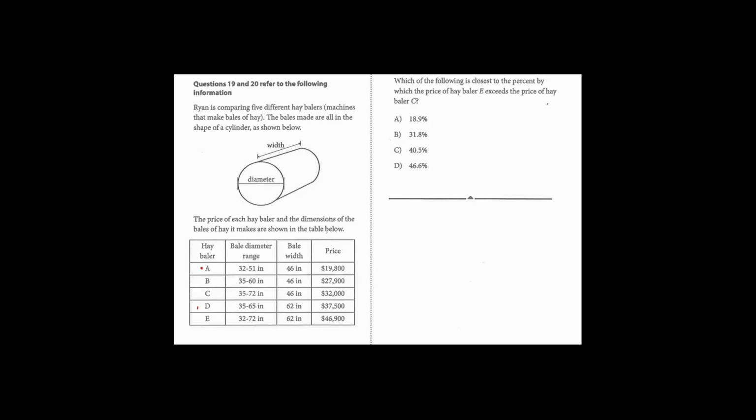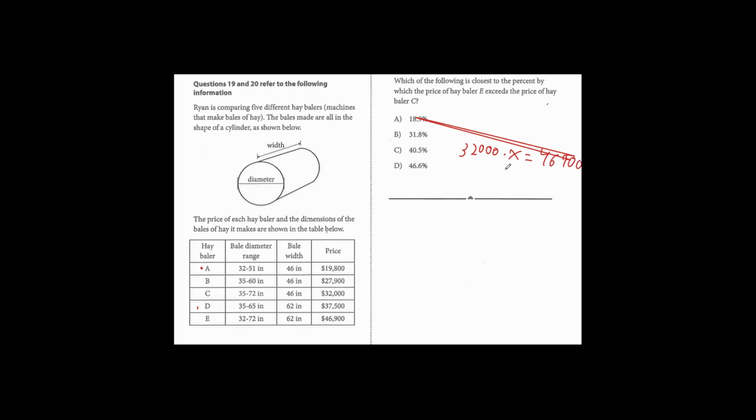Okay, so for question 20, we're asked to find which of the following is close to the percent by which the price of E exceeds the price of C, which would just be 32,000 times some value. This would generally be 1 point something, but for now we're just going to call it X, which equals 46,900.